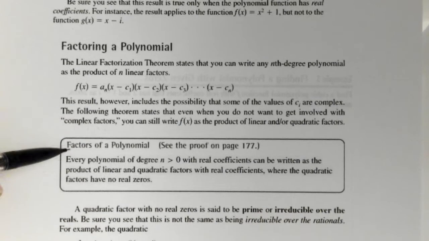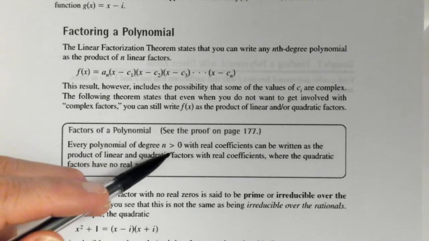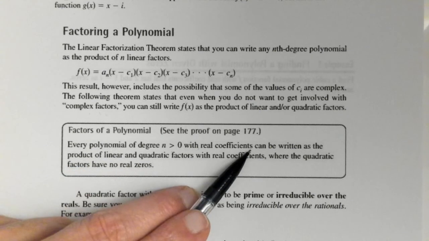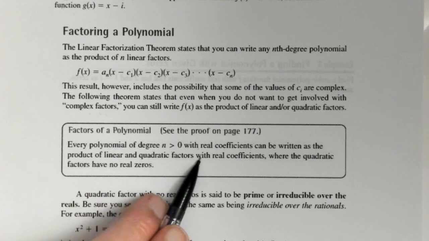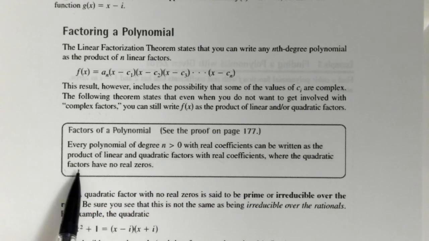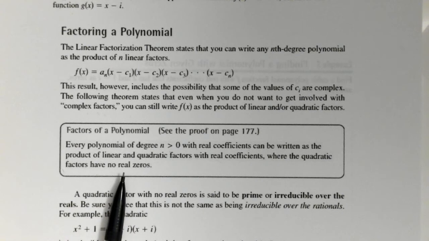And so the theorem states this: every polynomial of degree n greater than 0 with real coefficients, right, it can be written as a product of linear and quadratic factors with real coefficients, where the quadratic factors have no real zeros.